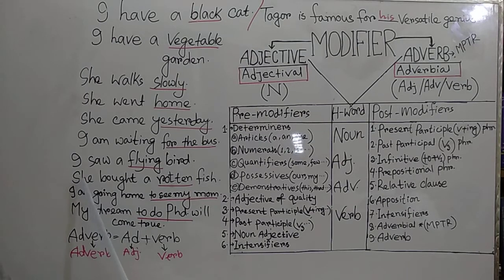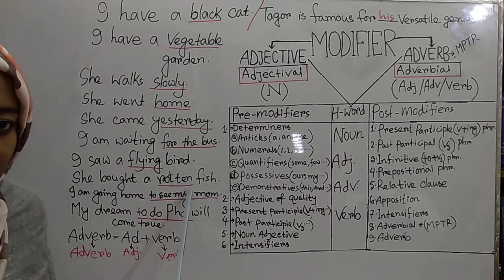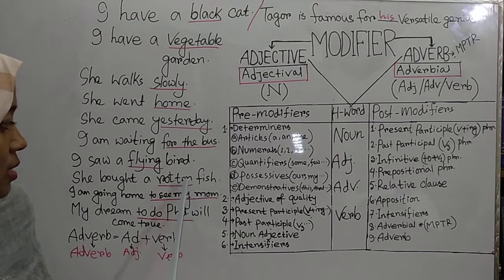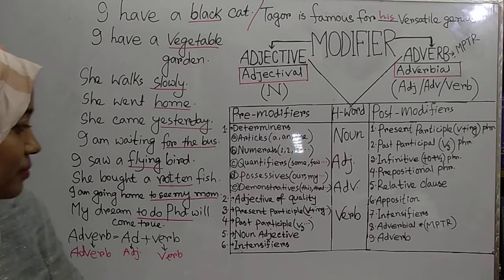Here you see, she bought a rotten fish. Here the word rotten is a past participle and it is an adjective, and as it has been used as the pre-modifier of the noun, it is an adjective modifier here.